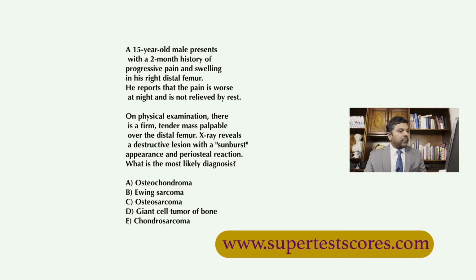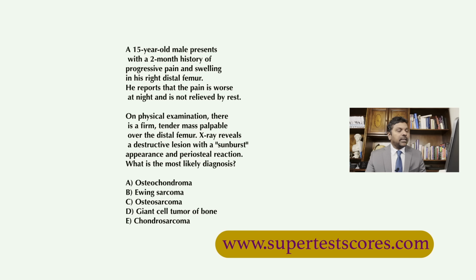A 15-year-old male presents with a 2-month history of progressive pain and swelling in his right distal femur. He reports that the pain is worse at night and is not relieved by rest. On physical examination, there is a firm, tender mass palpable over the distal femur.